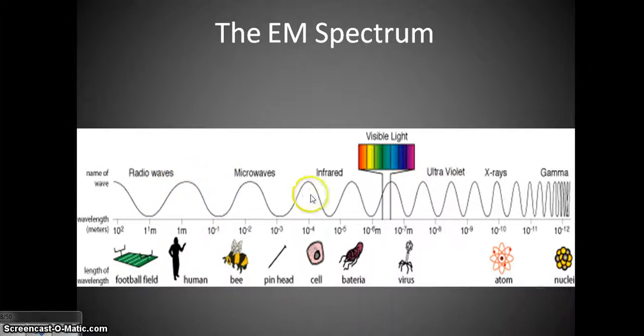And then it gets higher and higher and higher, and gamma rays have a very, very large frequency. They can do the most damage. They're the most energetic waves, whereas radio waves are going around this room all the time, and they're relatively safe. They're not gonna give you brain cancer like a gamma ray.